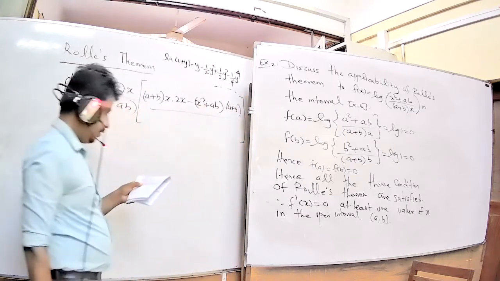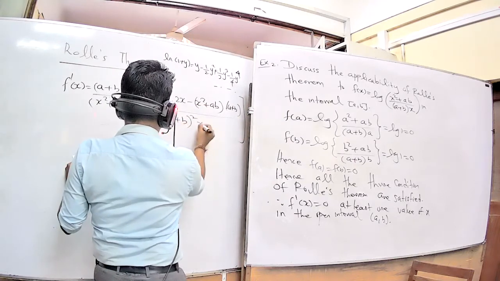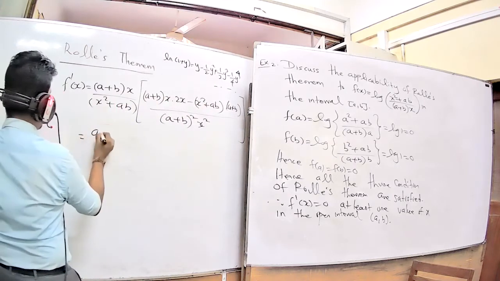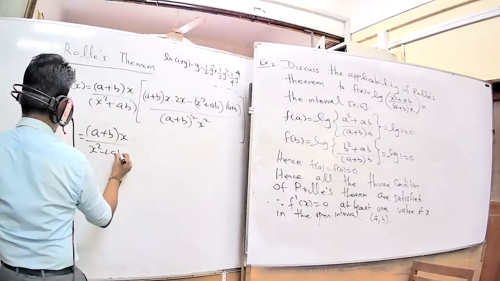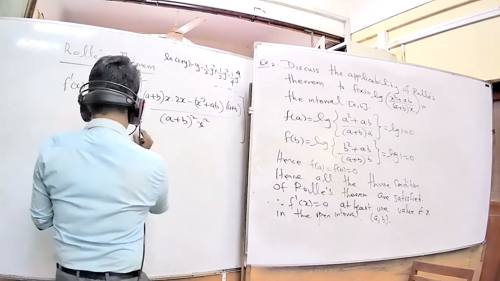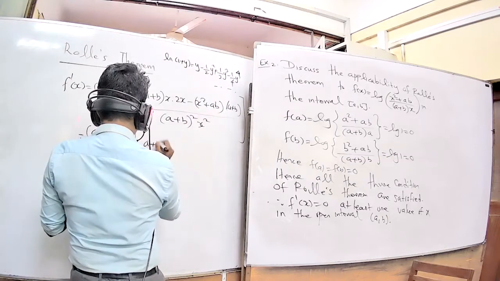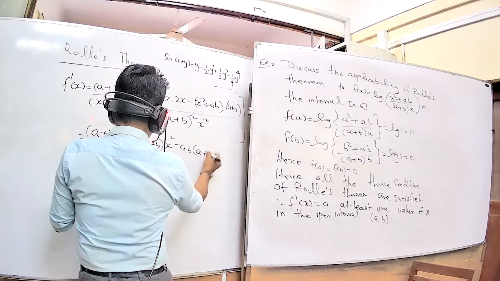All over a plus b squared times x squared. Now suppose you simplify this one, you get a plus b x squared minus ab times a plus b.